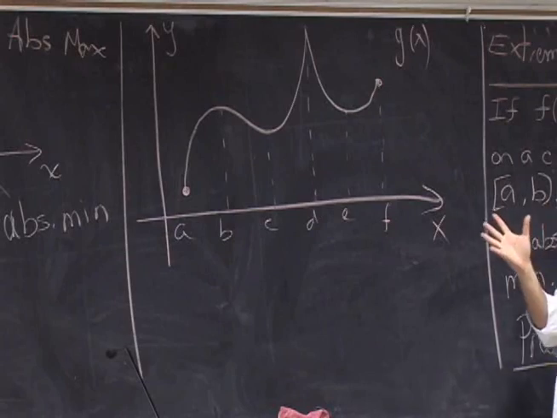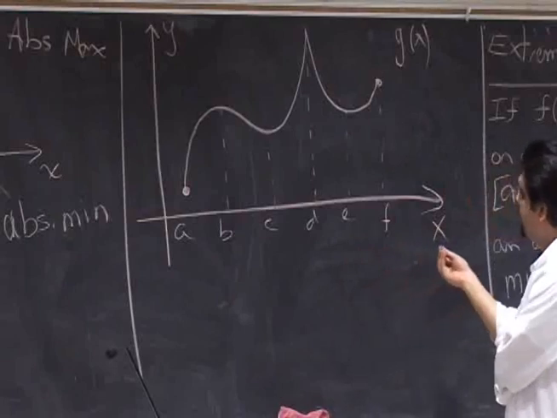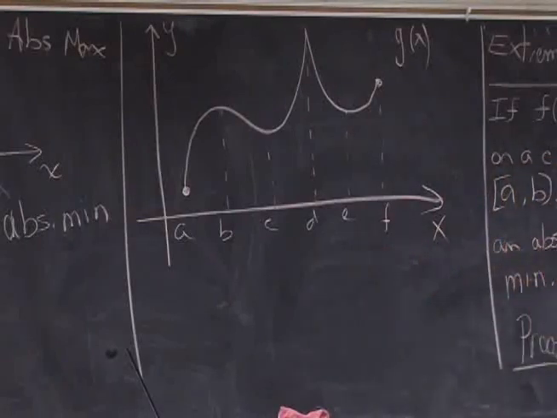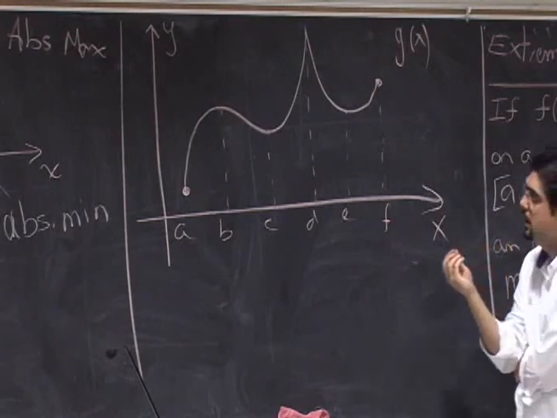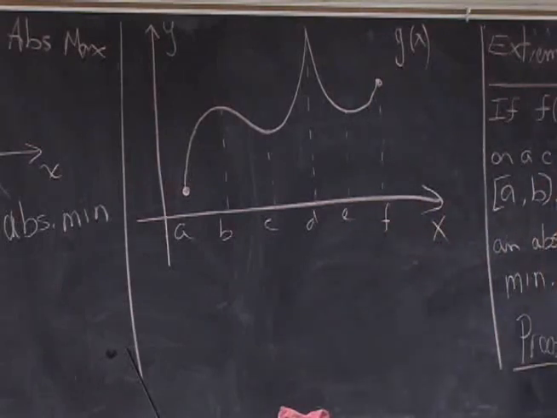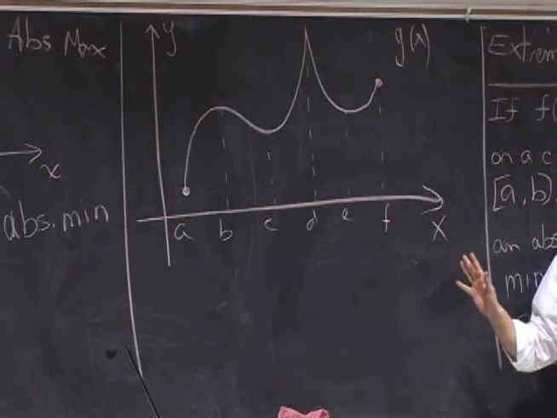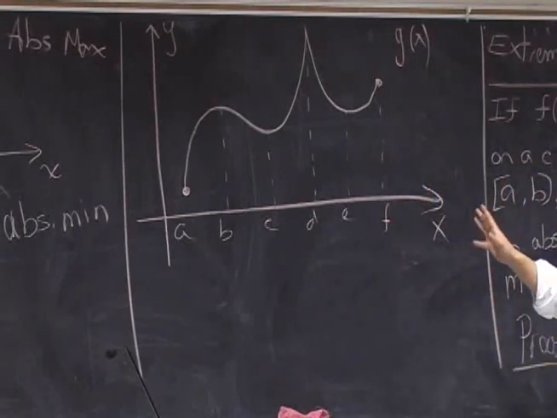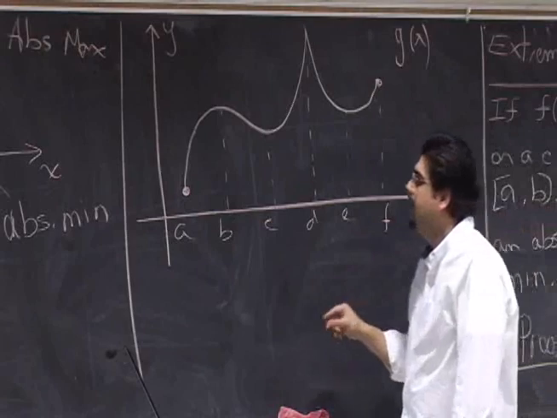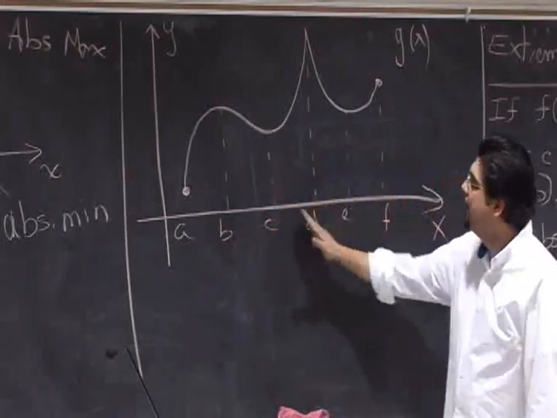And we can identify the peaks and valleys very quickly. What are the peaks here? Where do they occur? At B and D, right? Those are the peaks. And the valleys? C and E, right? These are the valleys. Now A and F don't qualify as peaks or valleys. They're called the endpoints. Okay? So when I talk about peaks or valleys, I'm only talking about within A and F.